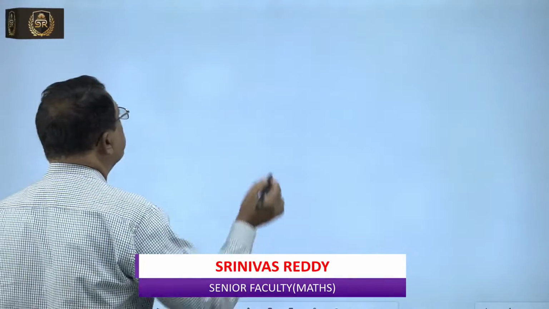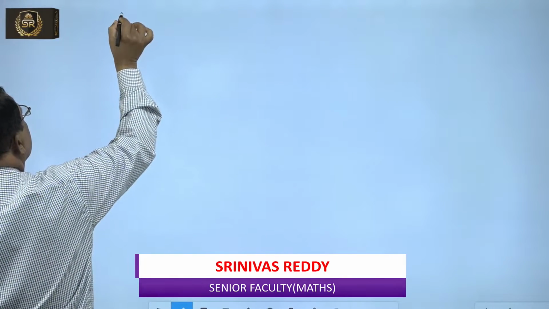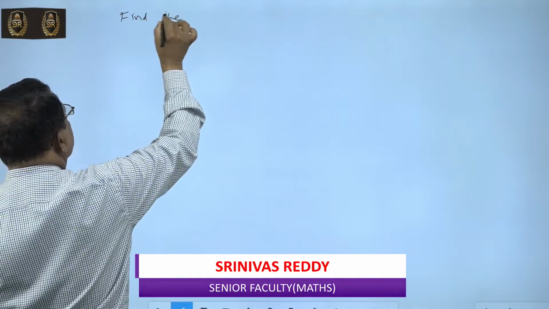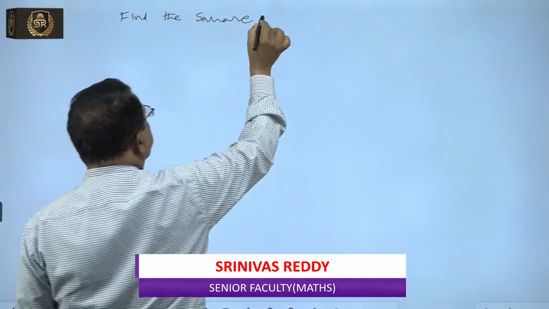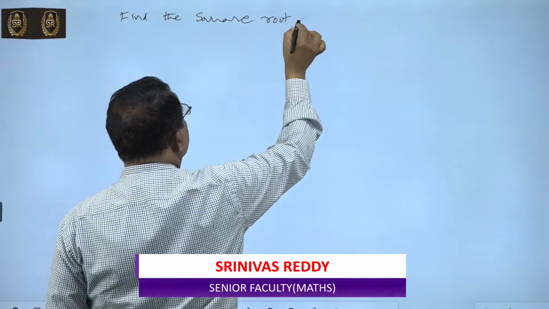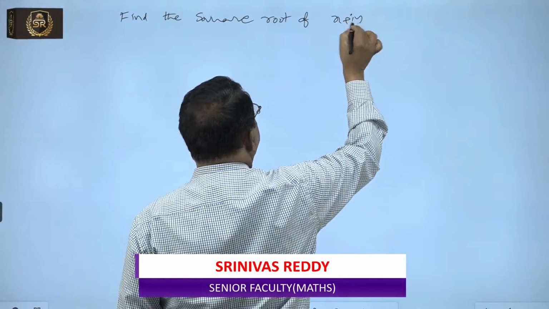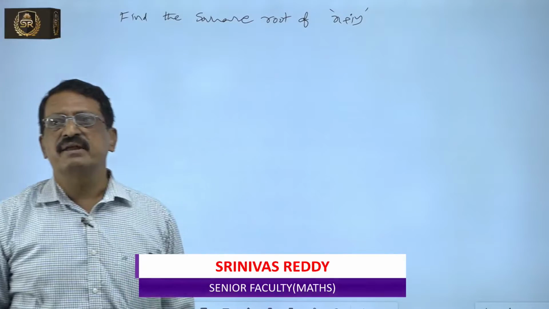Next, find the square root of the complex number x plus iy.